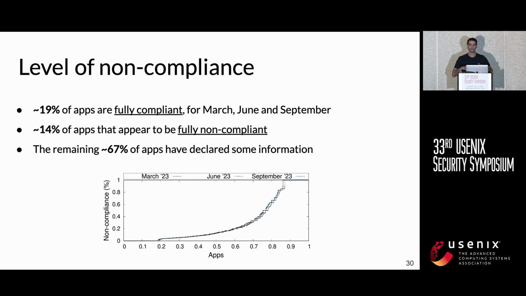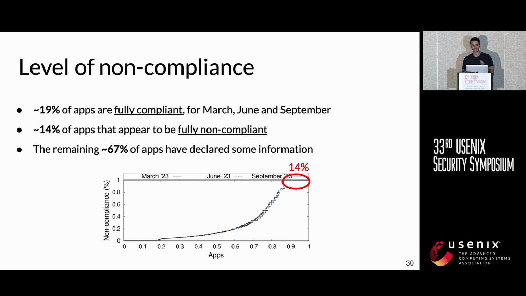So let's see now how compliant these apps are. For determining the compliance, we identify which labels each app has to disclose in the data safety section based on the app's runtime behavior in order to avoid those discrepancies. And as you can see, 19% of applications are fully compliant, while 14% of applications appear to be fully non-compliant, which means that any data that the app collects or shares is not disclosed in the data safety section.